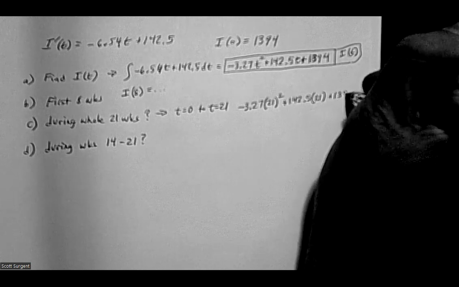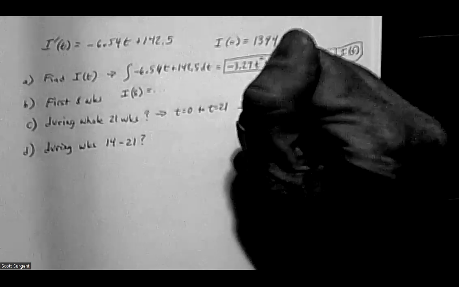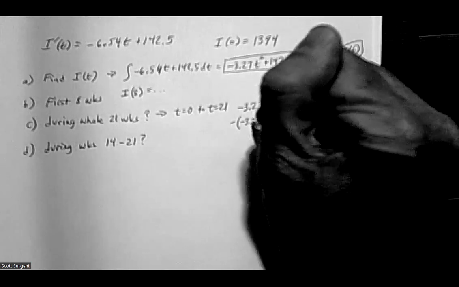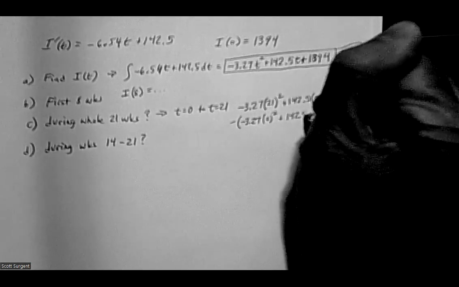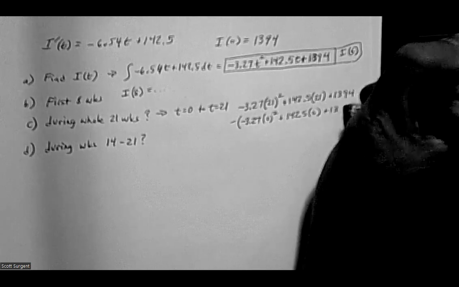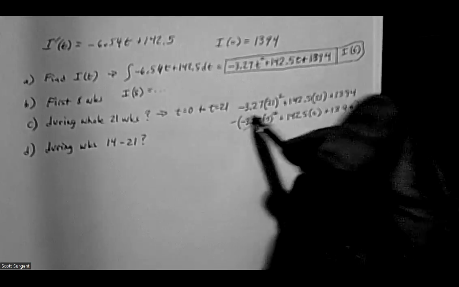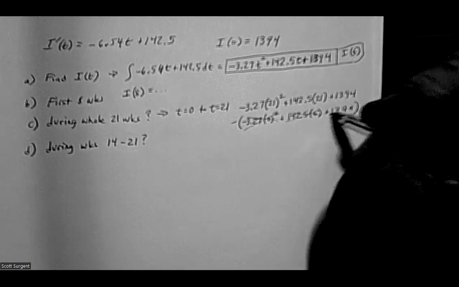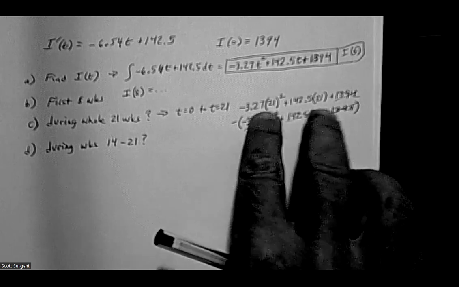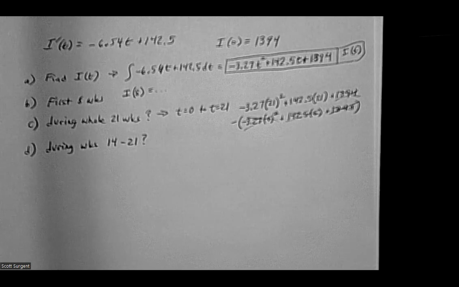So I get 1394, and then when I put in the 0, these guys drop out anyway because they have zeros in them, and the 1394 and the minus 1394 take each other out too. So really, I just need to figure out what that number is. So negative 3.27 times 21 squared plus 142.5 times 21, and I get 1550.43.